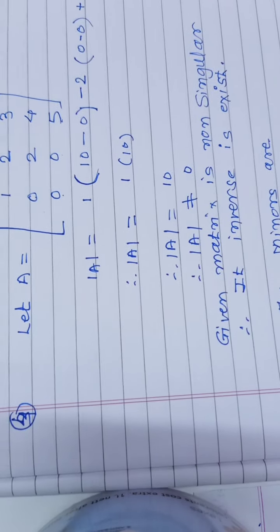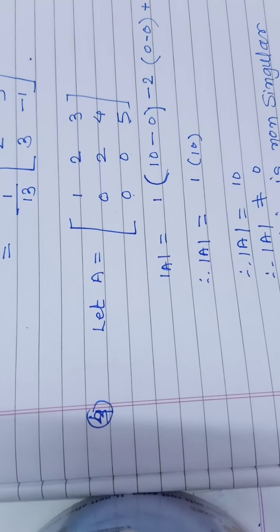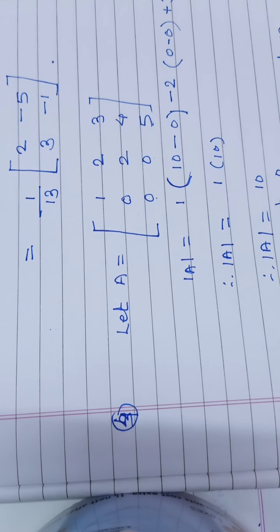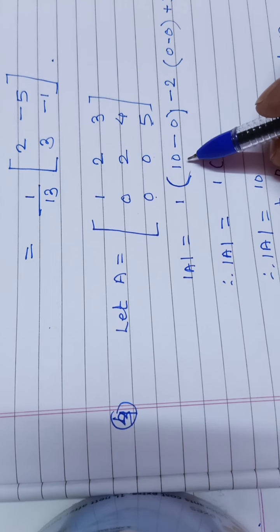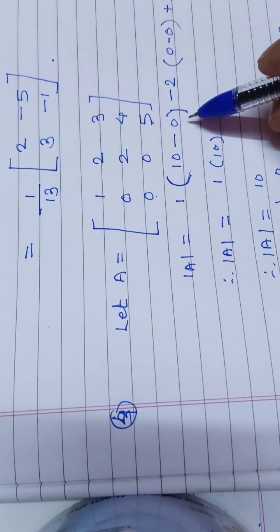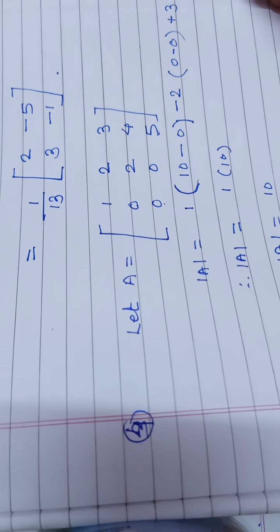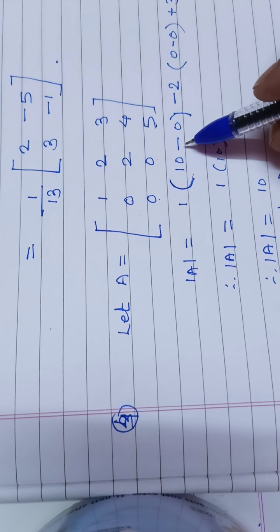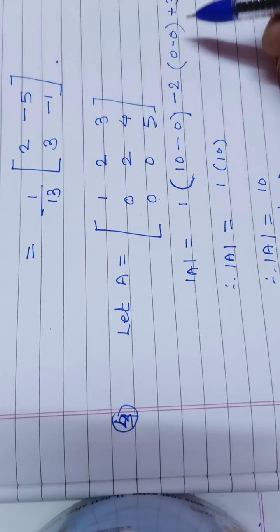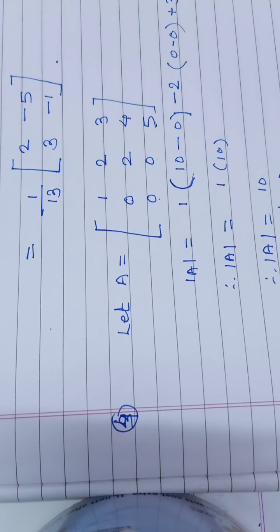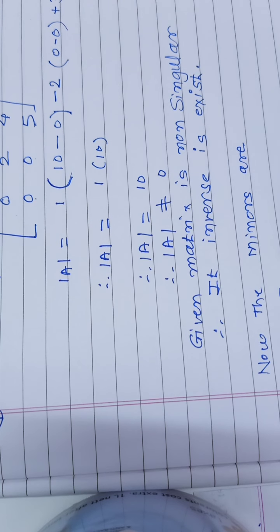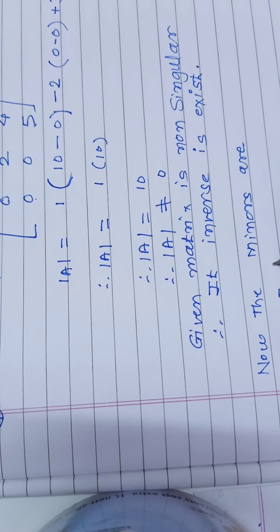Now the simple technique is that this is the first bracket, this is the second bracket, and this is the third bracket. So the value of bracket number 1, bracket number 2, and bracket number 3 are only the values of the first three minors. So it is 10, 0, and 0.